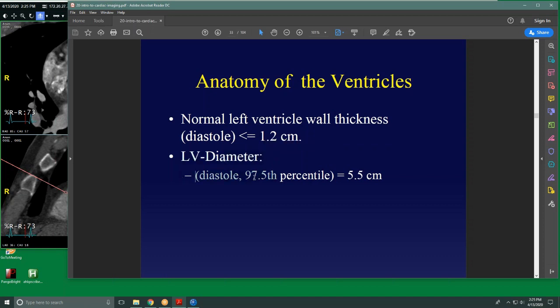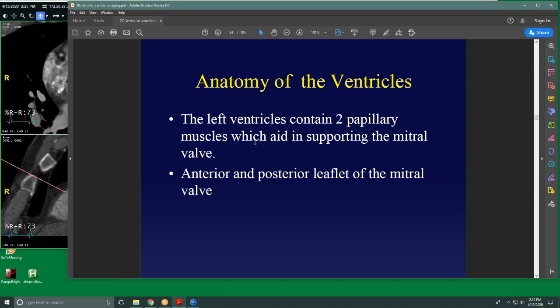So LV diameter, you don't really need to remember this, but one other thing I would comment about LV wall thickness is that on non-gated studies, it's supposed to be measured at end diastole. So for a non-gated CT of the chest, you don't know if you're imaging at end systole, where you expect the wall to be thicker, or end diastole.